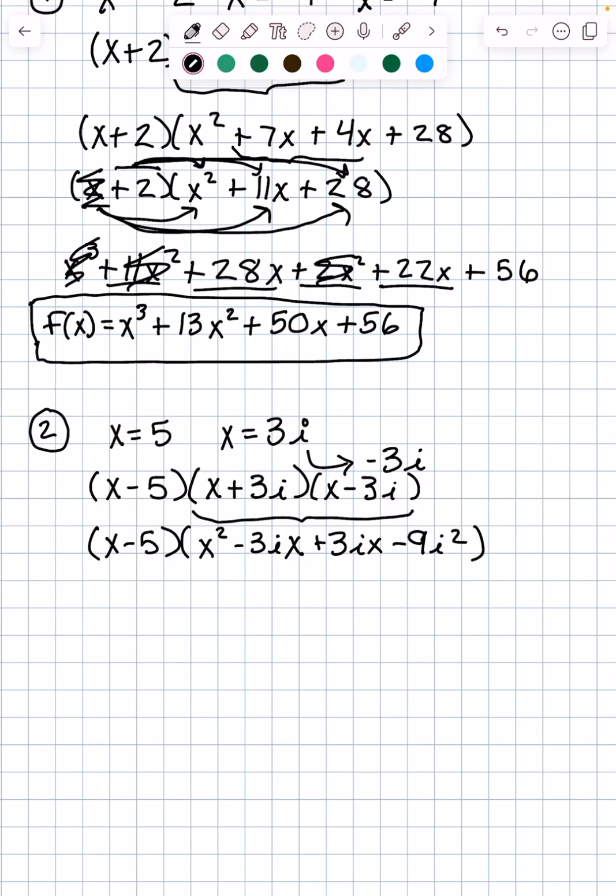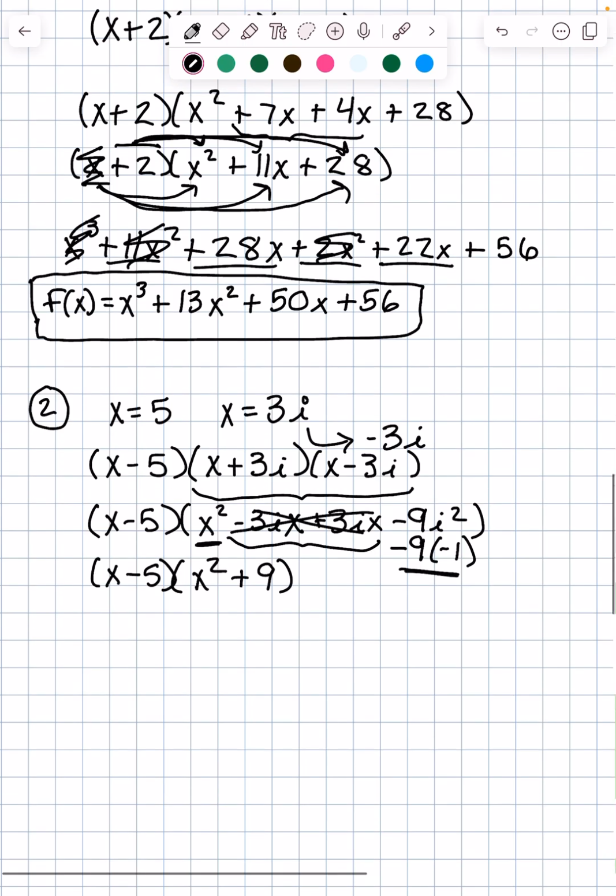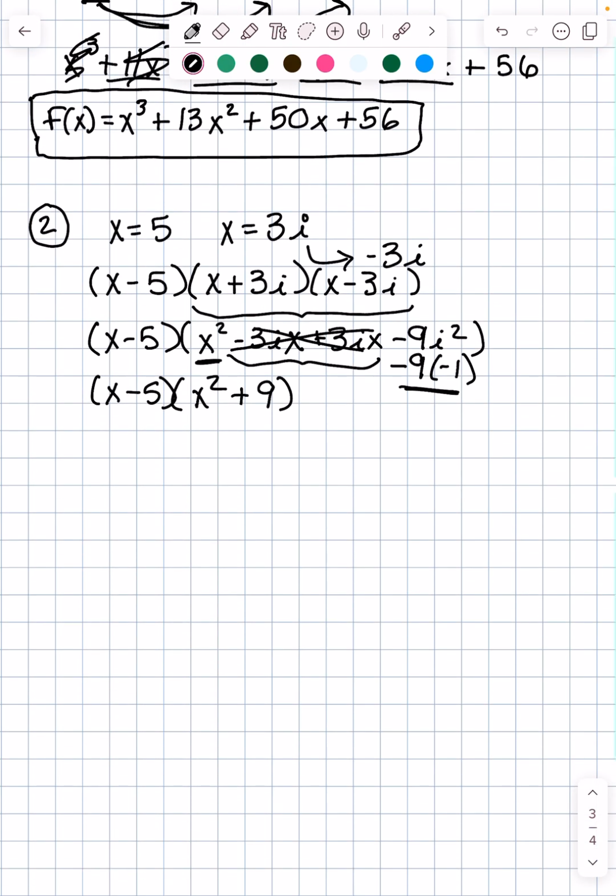Okay, so this is kind of ugly, but recognize that these two in the middle just cancel out to 0. And then negative 9i squared is really negative 9 times negative 1, because i squared is negative 1. So really this is x minus 5 times x squared plus 9. Okay, and then from here, this is just two binomials, so we're going to FOIL multiply these together.